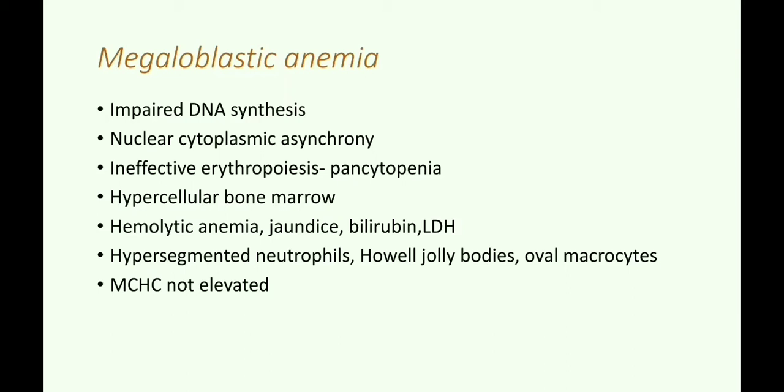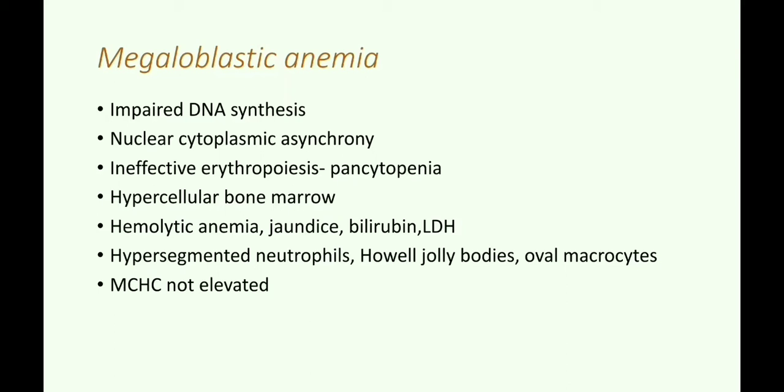In megaloblastic anemia, you get an increase in the size of RBC, and at the same time you also get nucleocytoplasmic asynchrony. So that is the difference between macrocytic anemia and megaloblastic anemia. Here the problem is impaired DNA synthesis. Usually you get megaloblastic anemia due to the deficiency of folic acid or vitamin B12.